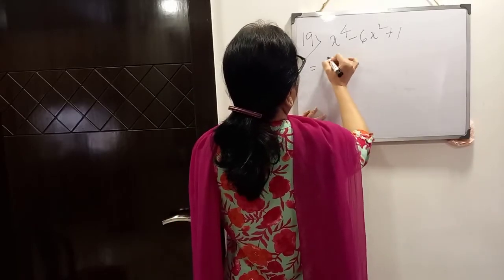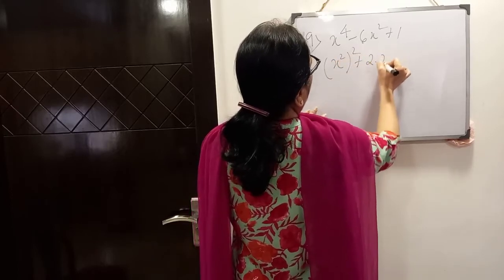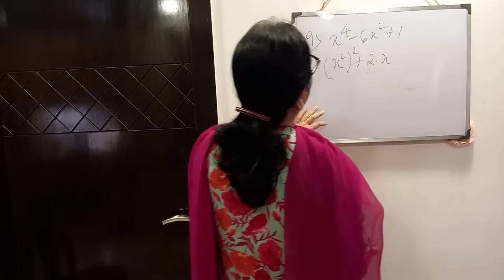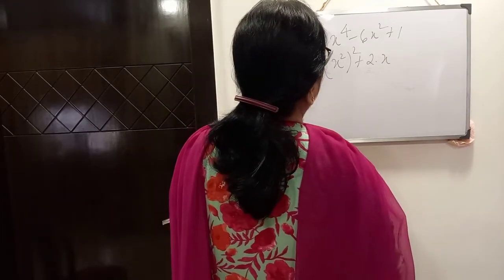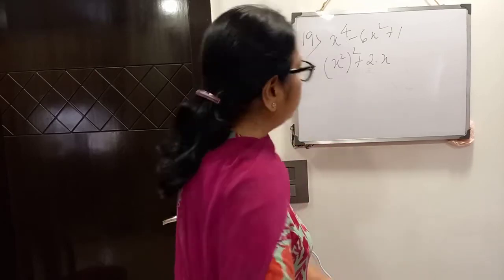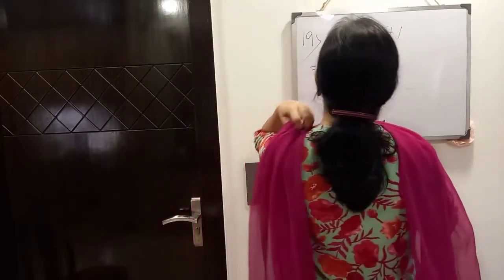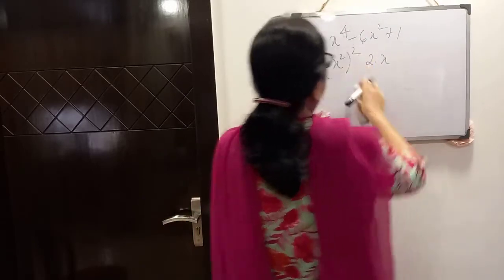we write in this form, plus 2 into x square, no, plus 2 we do not write. Here see, minus we write. Why I am taking it?